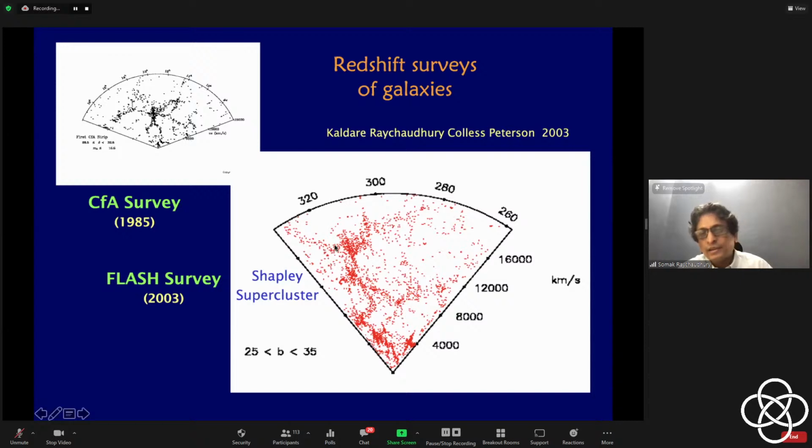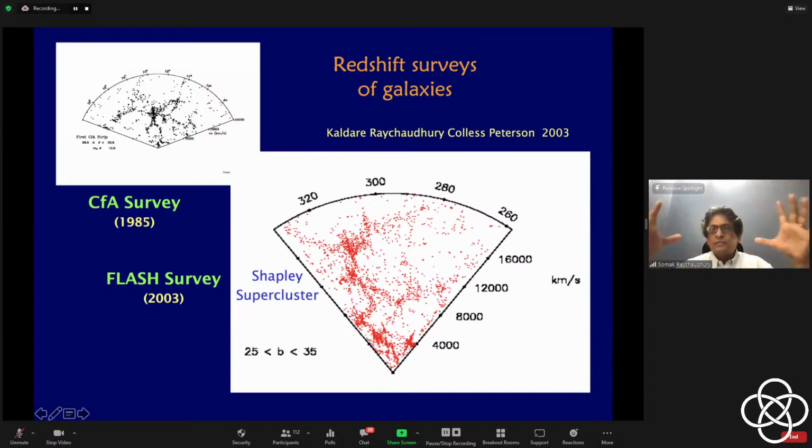And it turns out that within this big structure, there are 40 different clusters. You can see them here, and they all merge together, but it's much bigger. The whole extent of this is about 30 megaparsecs or so. Here, the whole extent of this was about 5 megaparsecs.